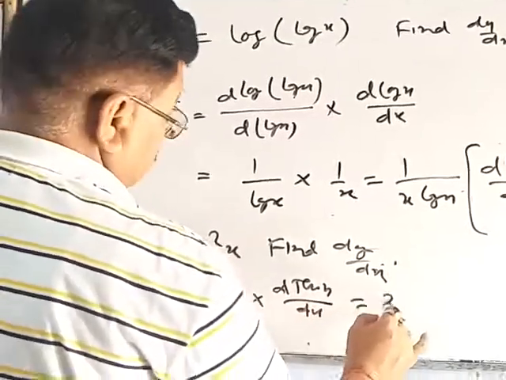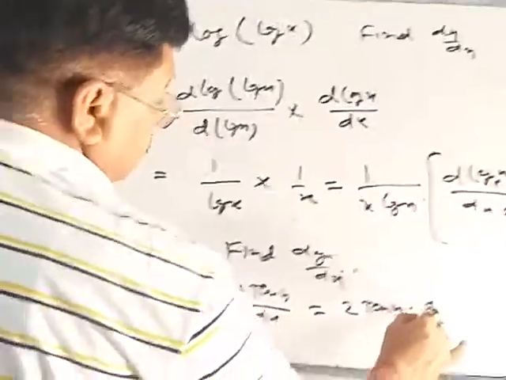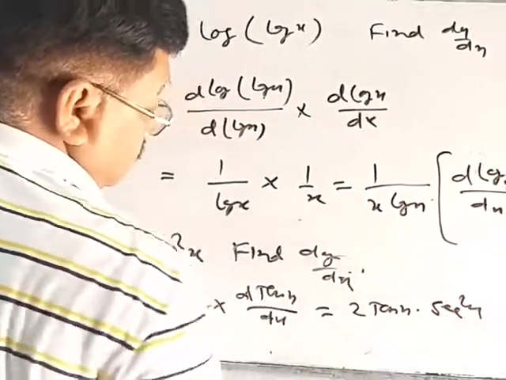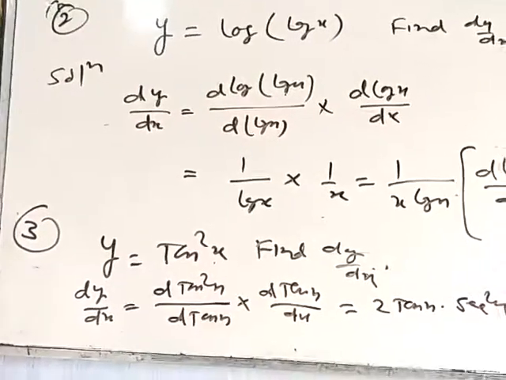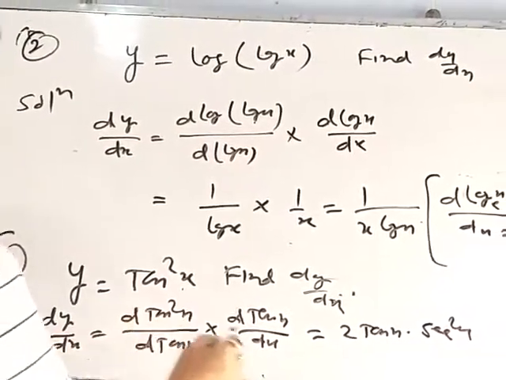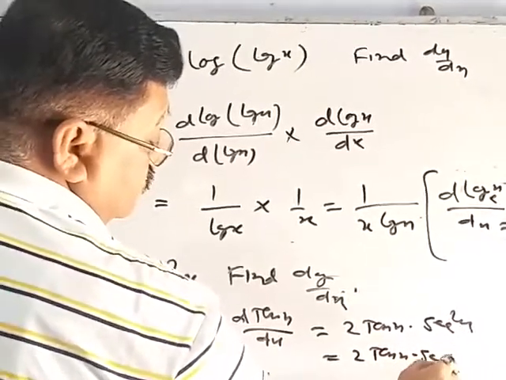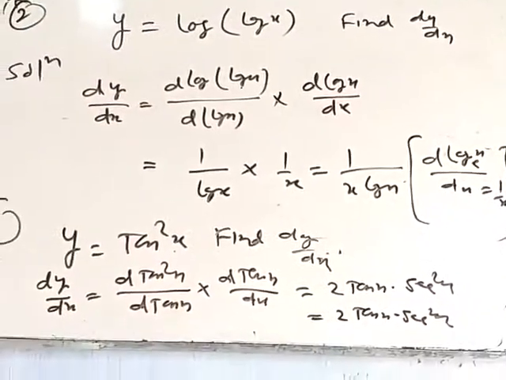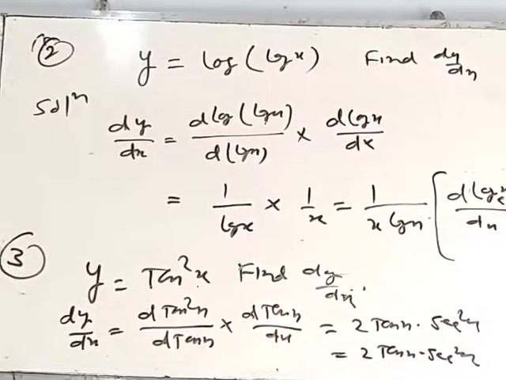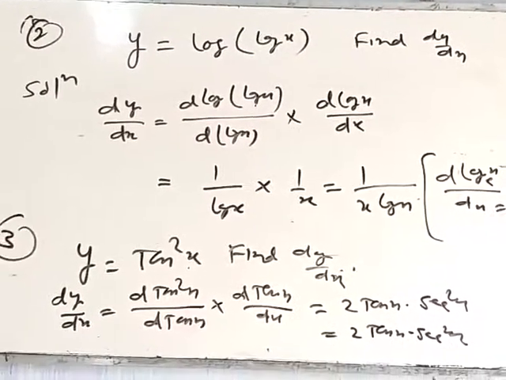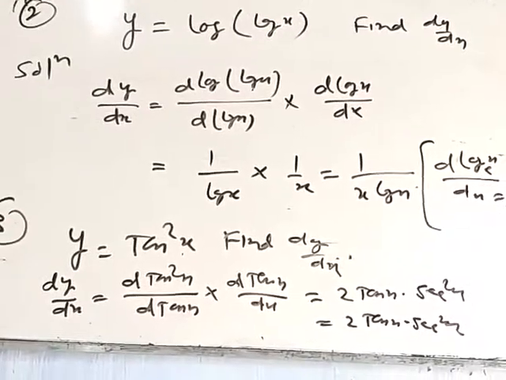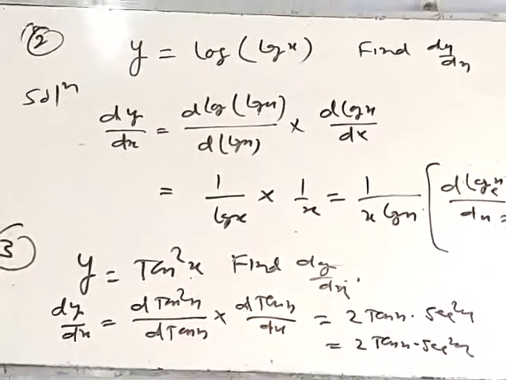So 2 tan x into sec square x, because the derivative of tan x is sec square x. So 2 tan x into sec square x. This is the way we have to solve the problem based upon chain rule.